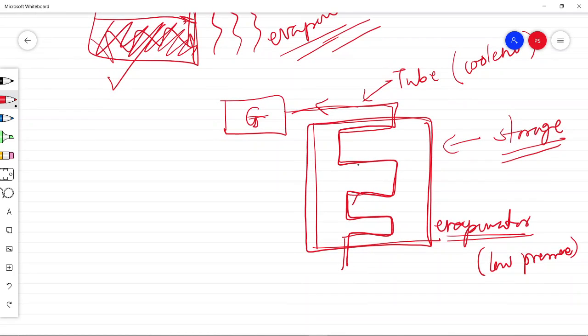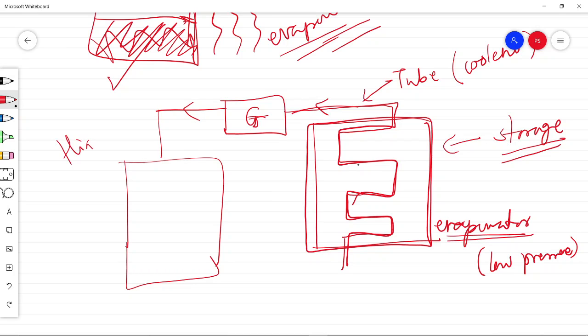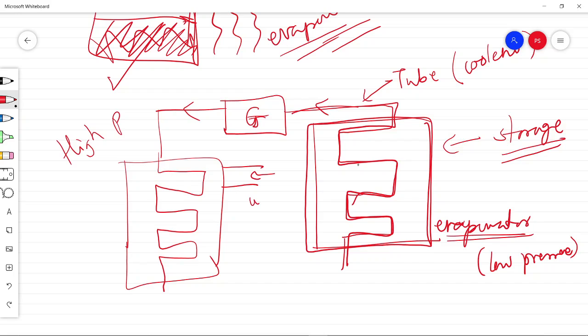Now this compressor sucks this gas in and passes it to the region of high pressure. So again there is a coil like arrangement, and here we have a continuous flow of water going on. Of course this need not always be there, but it has to be there to make the process more efficient.